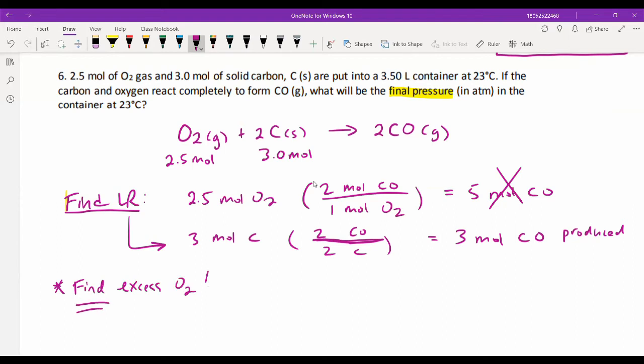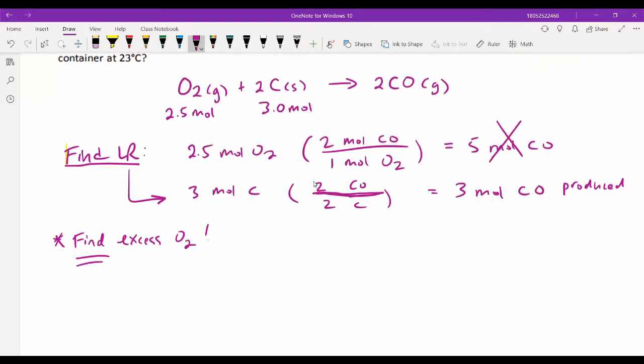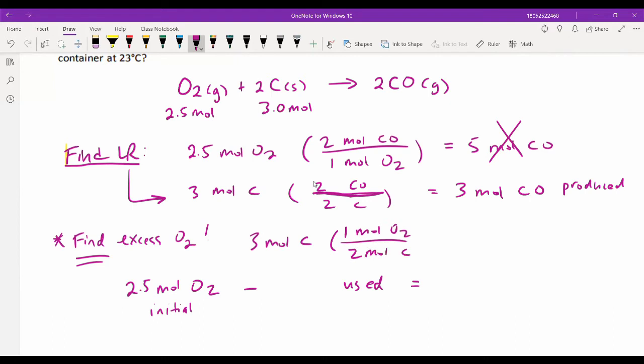So to do that, we're going to do what we normally do, where we take our initial moles of oxygen and subtract the amount used to get the excess. So the amount used, if we know the limiting reactant is carbon, we're going to use 1 mole of O2 for every 2 moles of carbon used.